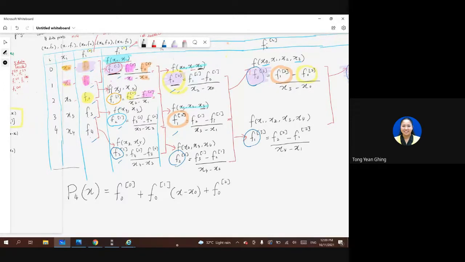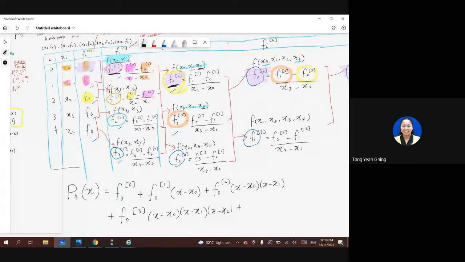That means this value. Okay, x minus x0, x minus x1. And then tambah lagi F0 third divided difference times with x minus x0, x minus x1, x minus x2.